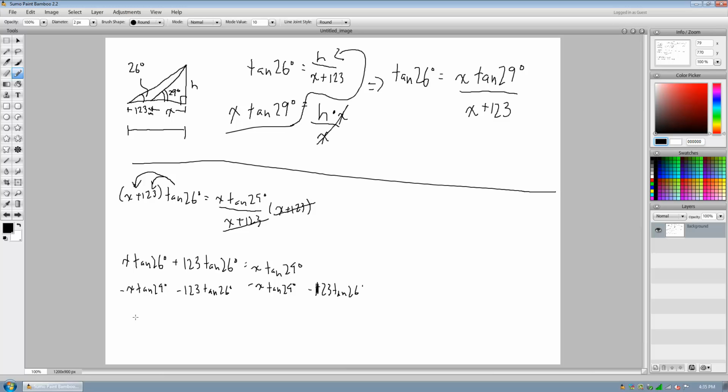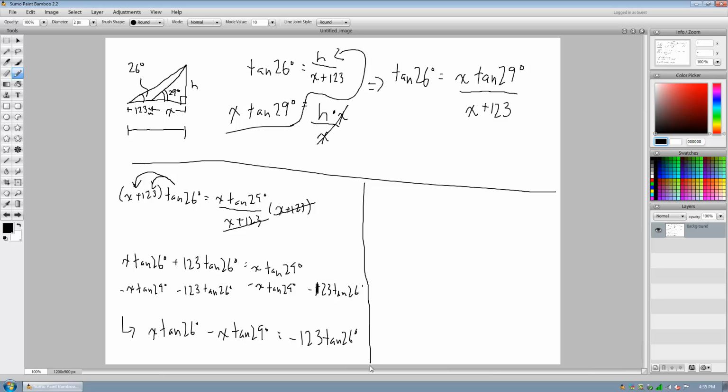So I'm going to do both of these at once, and what I'm going to be left with is x times the tangent of 26 minus x times the tangent of 29 equals negative 123 times the tangent of 26. Okay. Now everything that has an x is on the left, everything that doesn't is on the right.